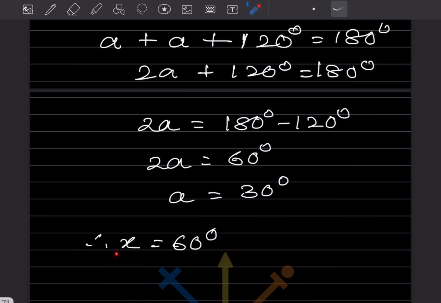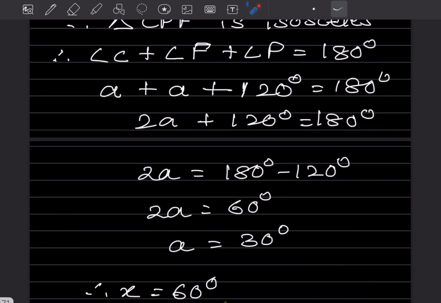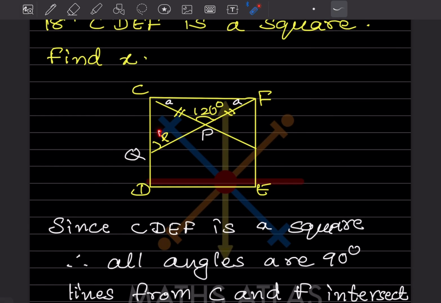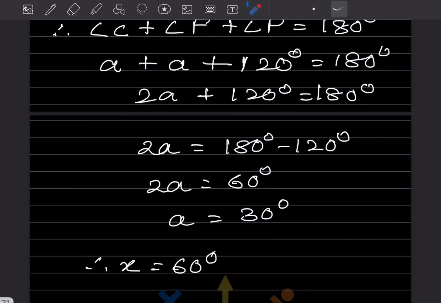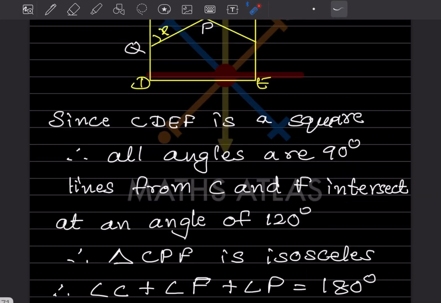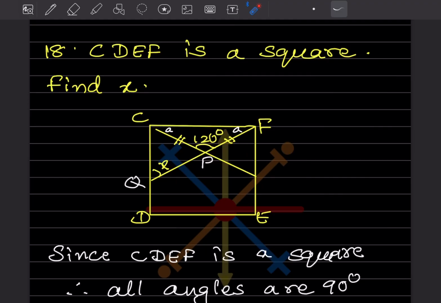So now see here, this is 30, and this angle is 90, which means this is going to be 60.